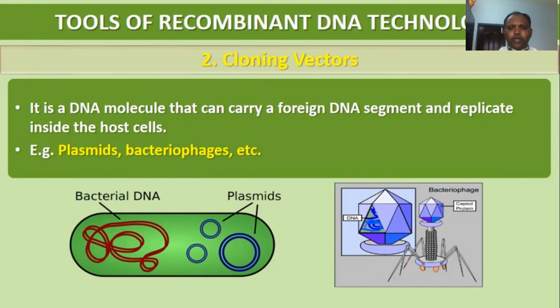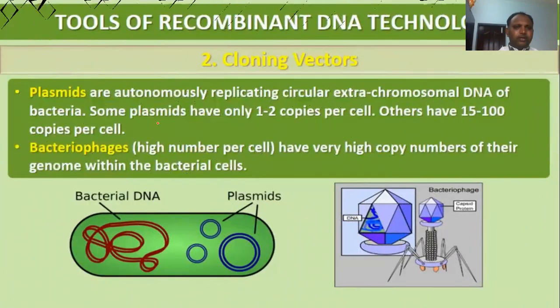The most commonly used vector, which vector will we use now? Plasmid. Already we discussed. The plasmid DNA and the DNA of bacteriophages, because for bacteriophages the genome is double-stranded DNA. So plasmids and bacteriophage DNA we are going to use as cloning vectors. We know that plasmids are autonomously self-replicating extrachromosomal DNA found in bacteria.